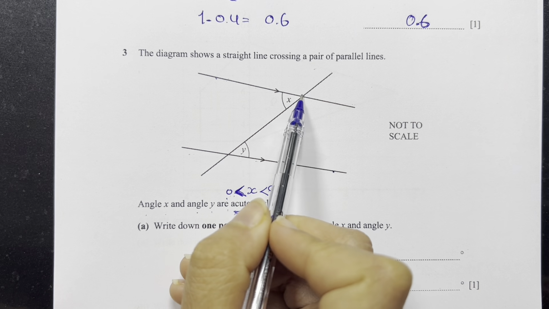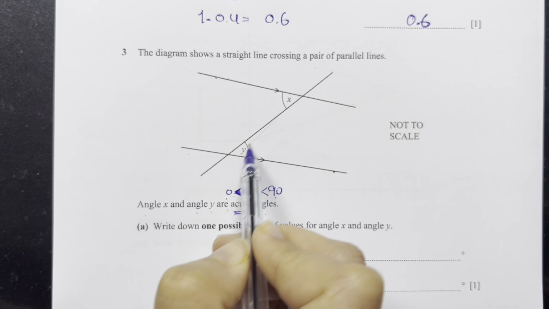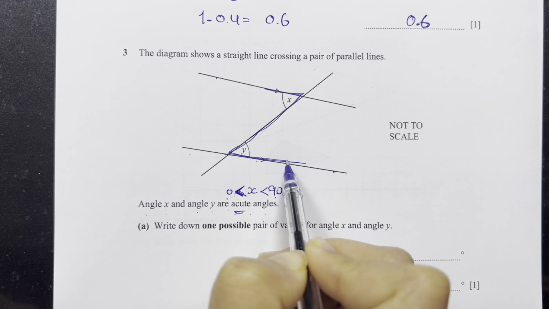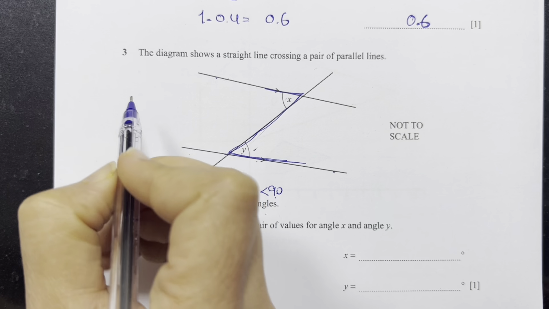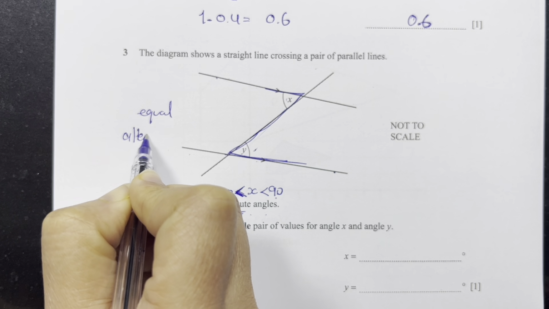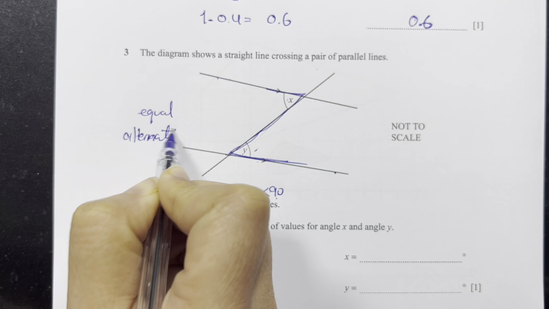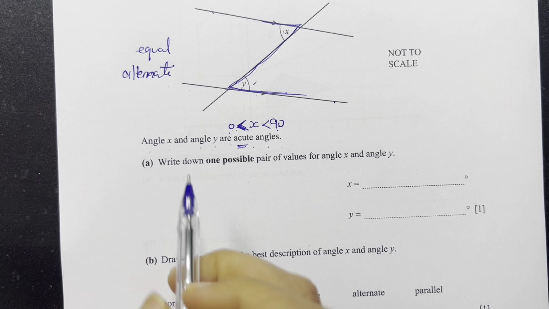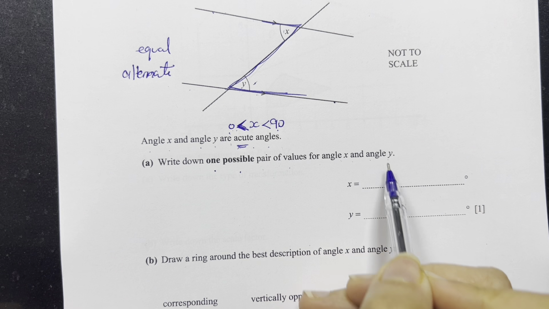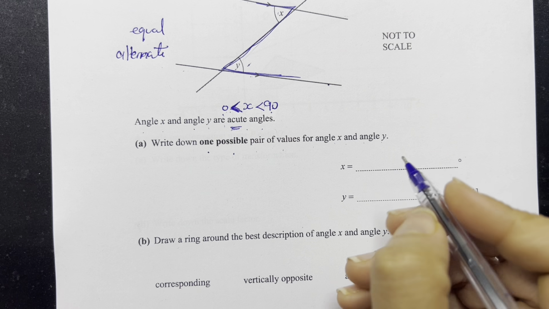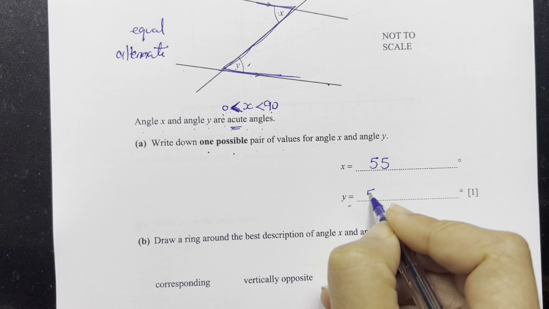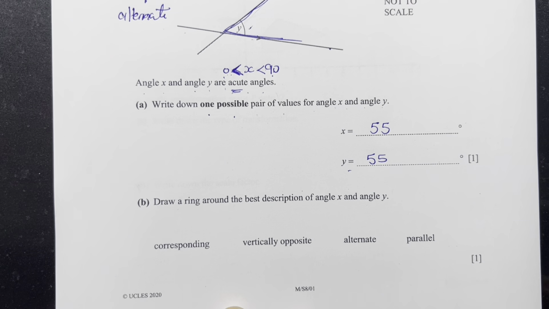As we see here, the parallel lines form the letter Z. When they form the letter Z, these two angles are equal and they are called alternate. So here, write down one possible pair of values for angle X and angle Y. I can say that angle X equals 55, for example, and angle Y equals angle X, which is 55 also.